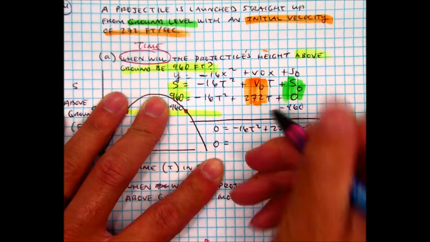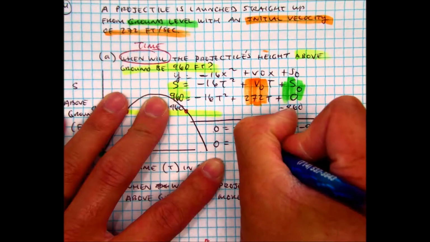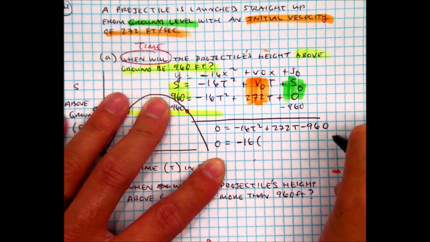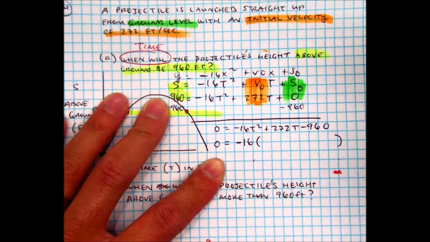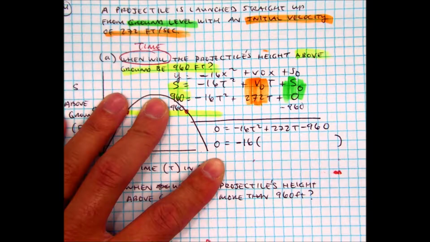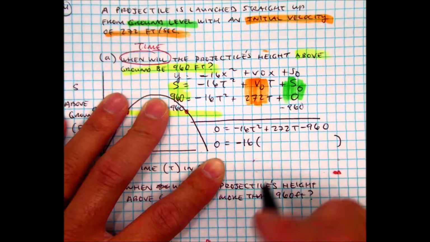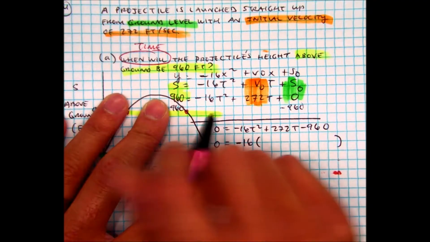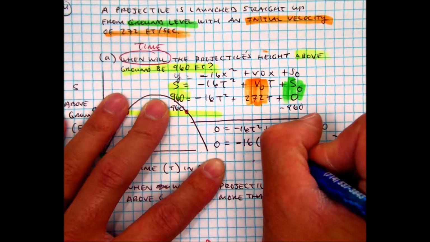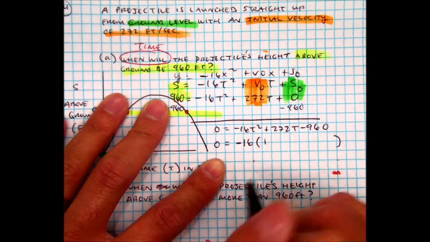0 equals, and I'm going to take out, let's see if negative 16 is the greatest common factor. So 272 divided by negative 16 gives me 17. No, sorry.